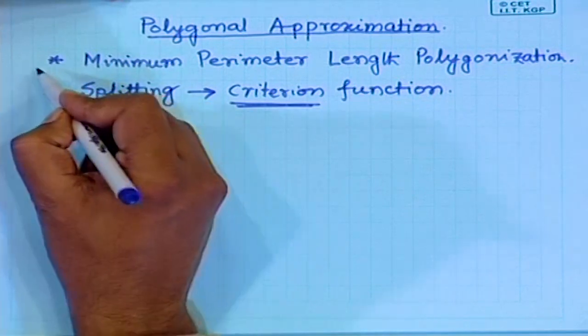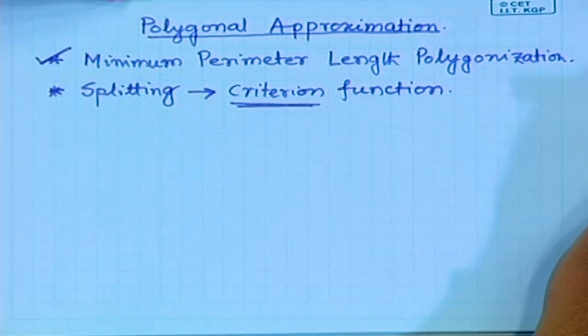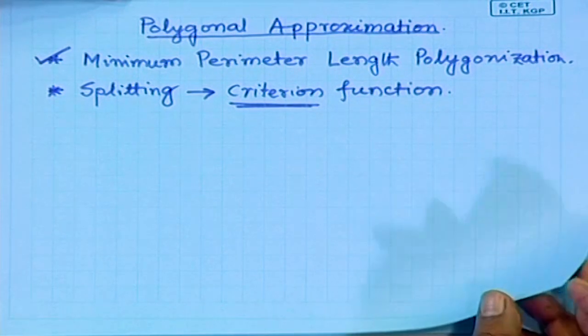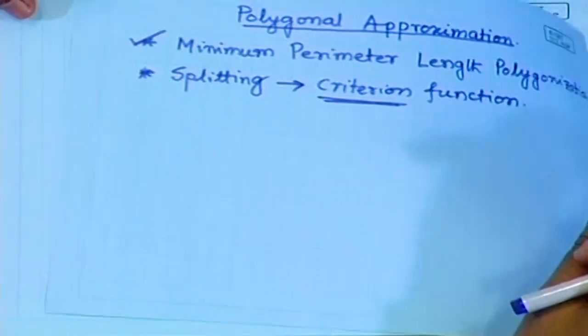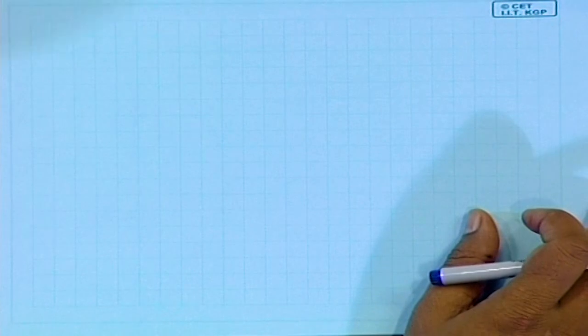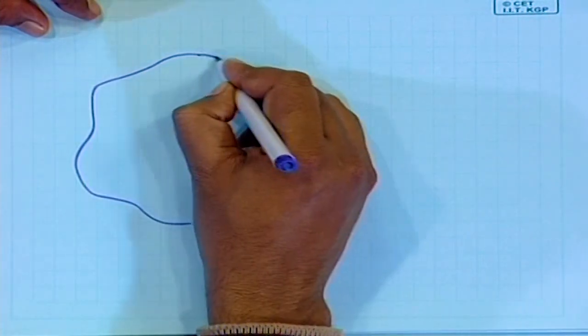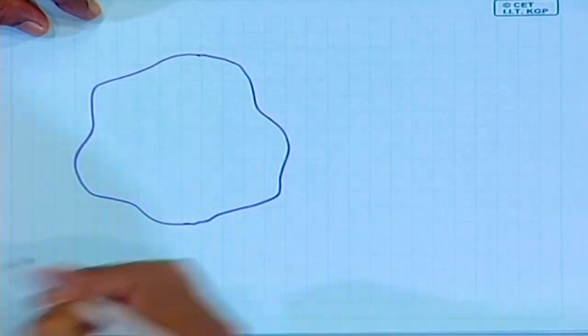Firstly, let me take the minimum perimeter length polygonization approach. What do I mean by that? To do this, let me again take a boundary of arbitrary shape. Say I have a boundary something like this.